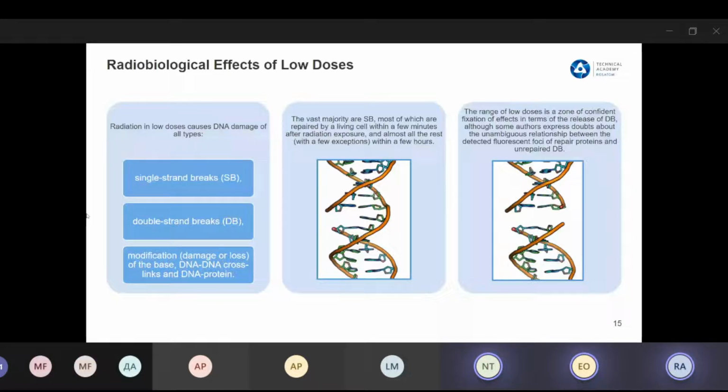Thus, the range of low doses is a zone of confident fixation of effects in terms of the yield of double-strand breaks, although some authors express doubts about an unambiguous relationship between detected fluorescent foci of repair proteins and unrepaired double-strand breaks.